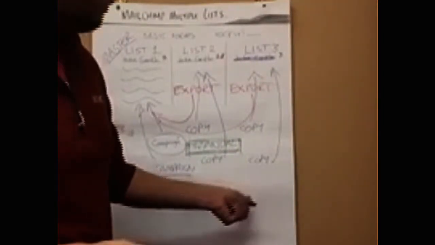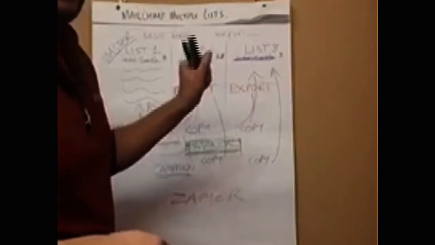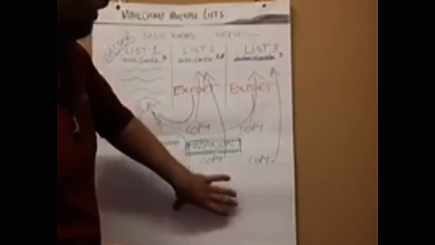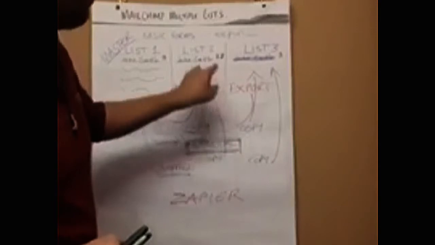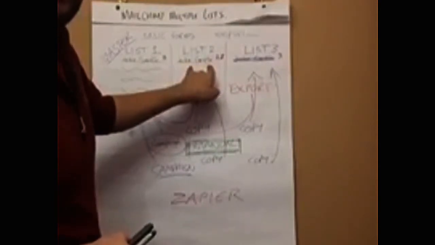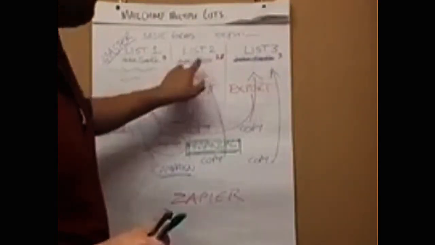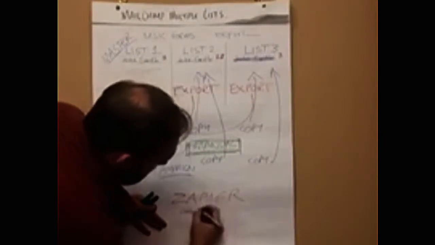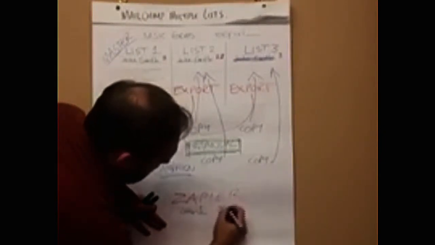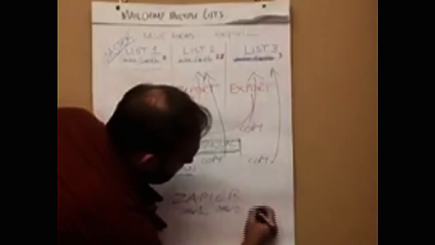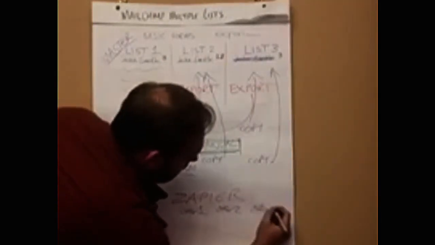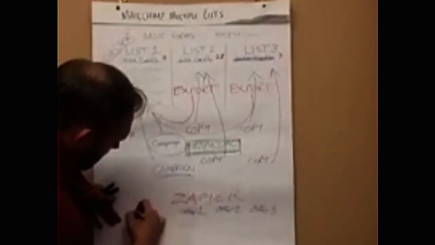So what people do is they set up a rule in Zapier so that if somebody joins any of your offer lists, so let's say you've got offer 1, offer 2, offer 3, and then you've got a master list.